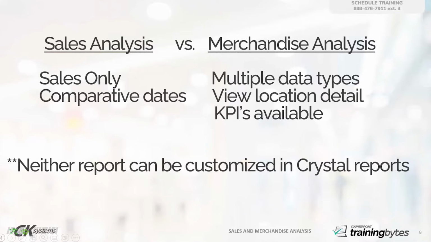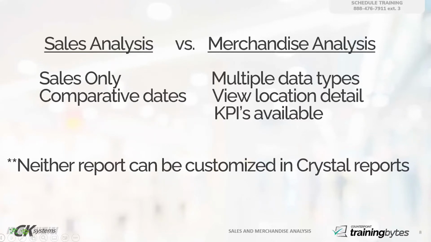A merchandise analysis will let you see multiple data types on one report. So a data type is sales, a data type is quantity on hand, another data type would be on order, received, adjusted. So in a merchandise analysis, you can have all those values on one report.